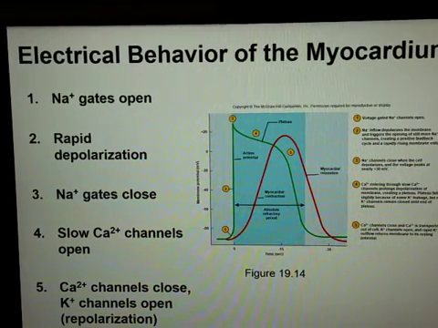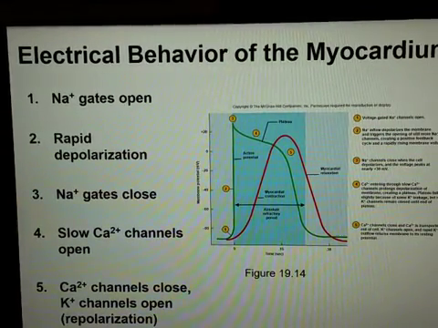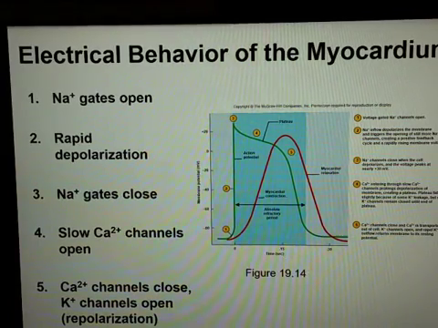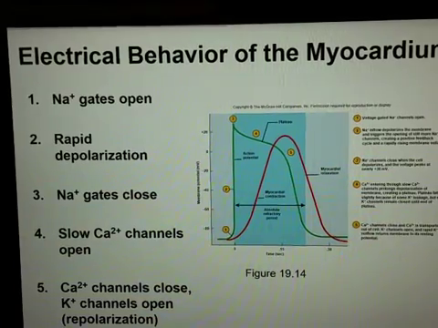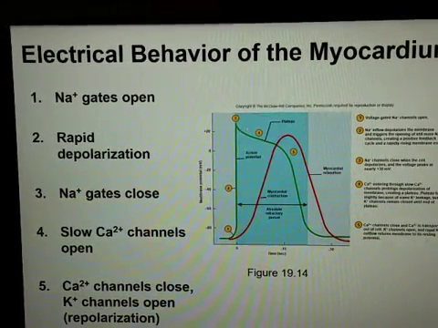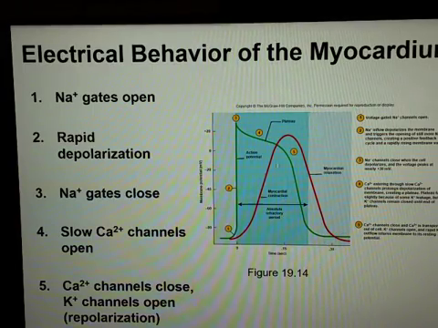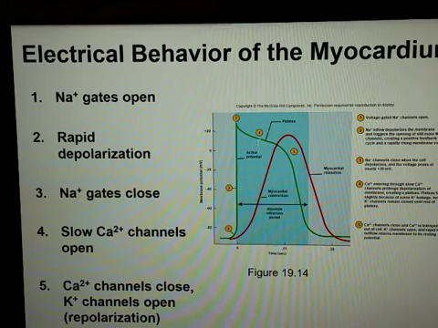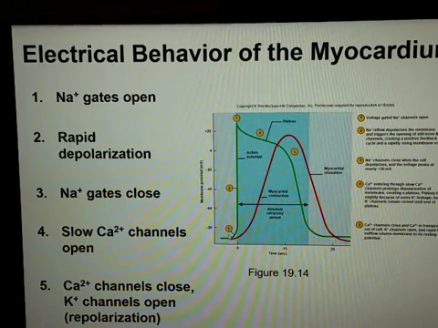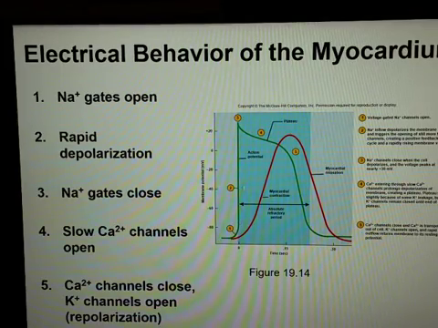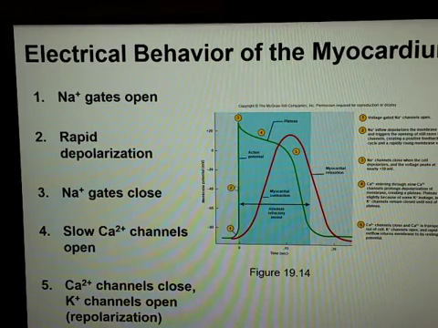Okay, so thinking about this electrical behavior of the myocardium, this is sort of what will happen when we get that electrical potential. And follow what it's trying to show you here on the chart, showing us that those voltage gated channels are going to open, and we're going to find that that depolarization occurs rather quickly.